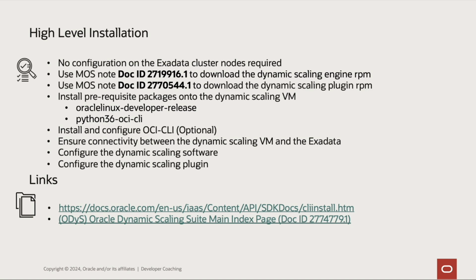If you are going to do this, obviously you would need to install the underlying OCI CLI tool. We need to ensure connectivity between the dynamic scaling VM and the Exadata via SSH, and then we can configure the dynamic scaling software and configure the dynamic scaling plugin. The links at the bottom of the slide are for the OCI CLI and the main My Oracle Support note for the dynamic scaling suite.